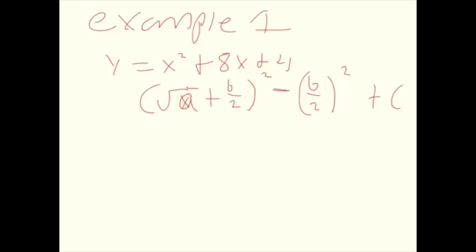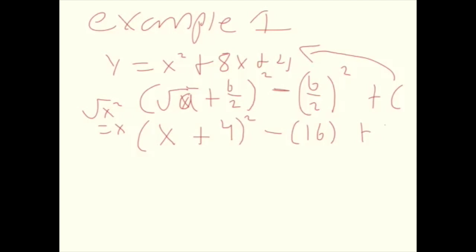A equals 1, so it would be x, because the root of x squared equals x, plus 8 over 2 equals 4, squared, minus 4, we already figured out b over 2, and b over 2 is 4, so 4 squared, 16, plus c is 4, so 4.